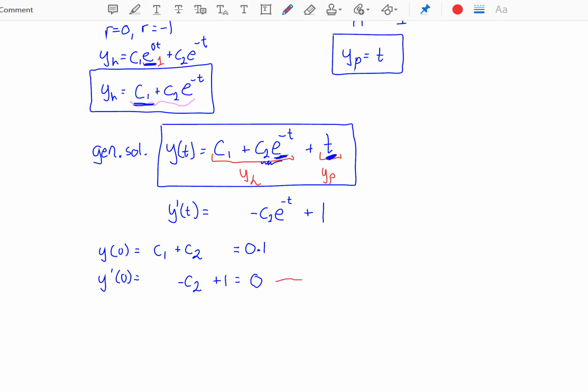This leads to c2 equals, I think this is negative 1 or positive 1. This gives c2 as a positive 1.